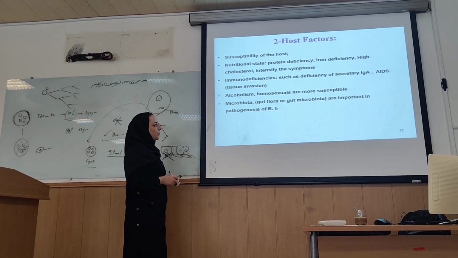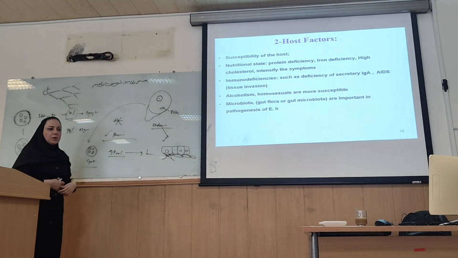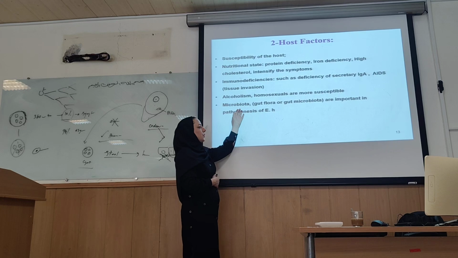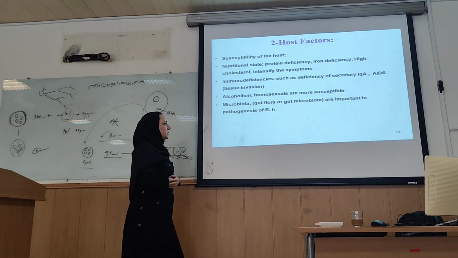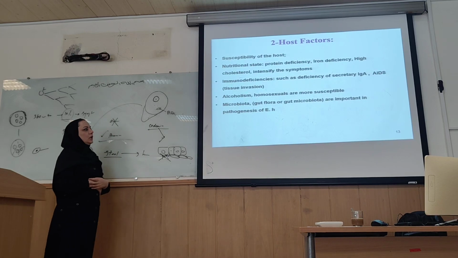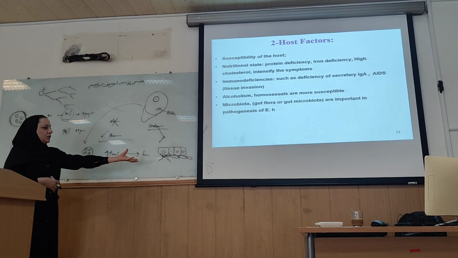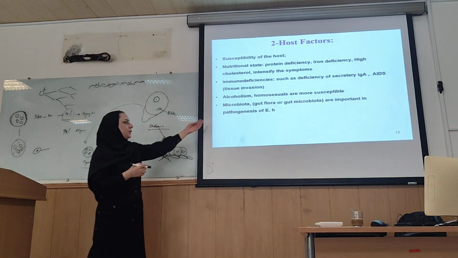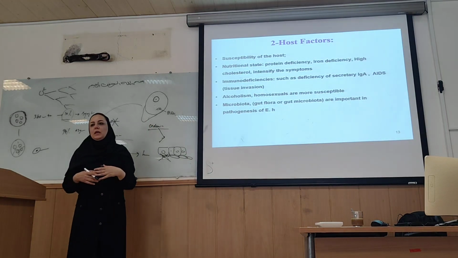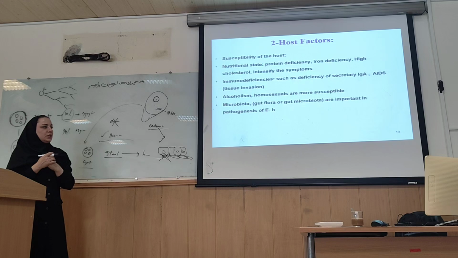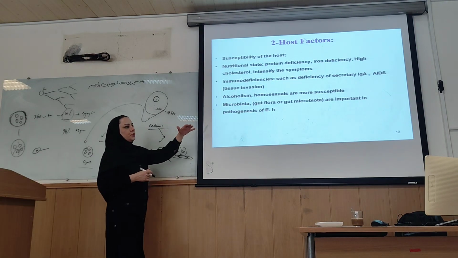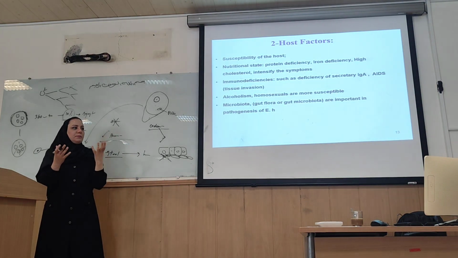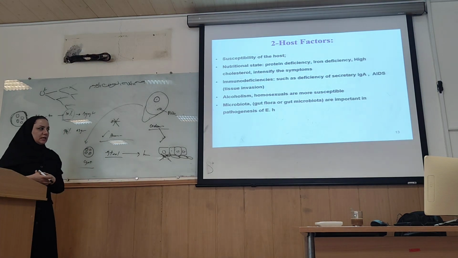The other thing is microbiota. The normal flora of bacteria, or microbiota, in the large intestine is very important in the pathogenicity of histolytica. Histolytica can feed on these bacteria in the intestinal tract. Also, these bacteria in the large intestine use the oxygen, and they help to reduce the oxygen pressure and produce the microaerobic environment in the large intestine.